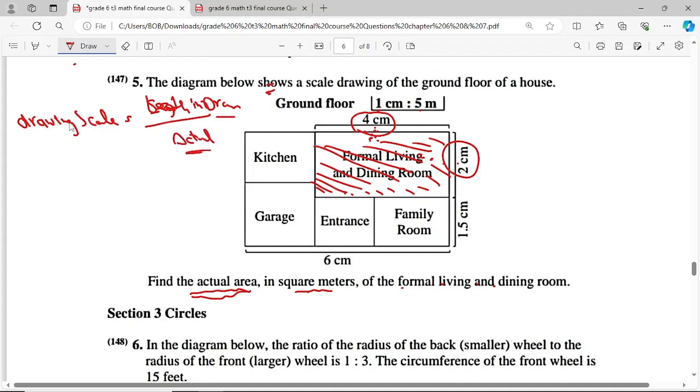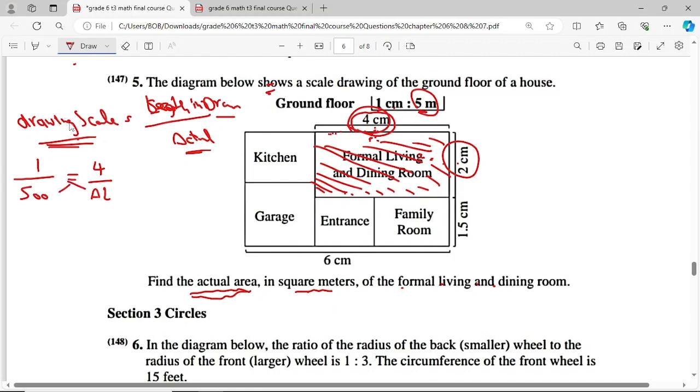okay? Now, the drawing scale is 20 centimeter to 5 meter. So if I want to change it to centimeter also, it will be 1 over 500 equal to, let's take for this area, for length, 4. So the length in drawing is 4 divided by actual length, okay?